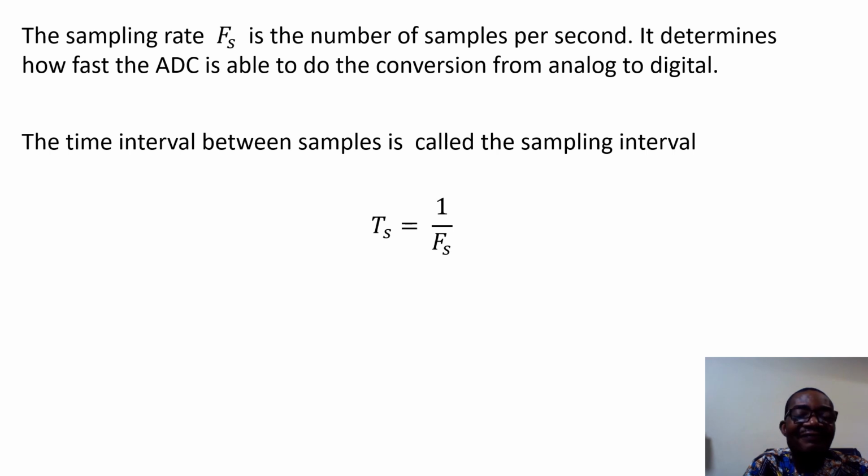It determines how fast the analog to digital converter is able to do the conversion from analog to digital. Usually, the time interval between samples is called the sampling interval. The formula for the sampling interval is the inverse of the sampling frequency, that is 1 over the sampling frequency.